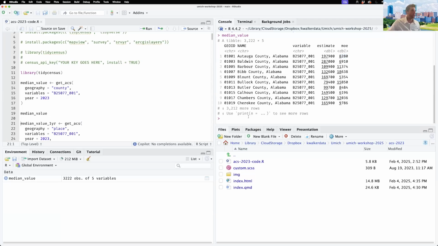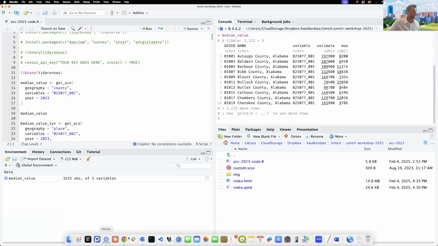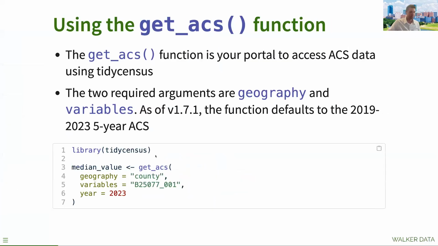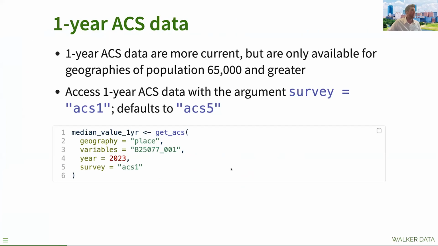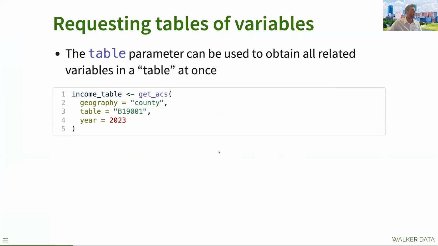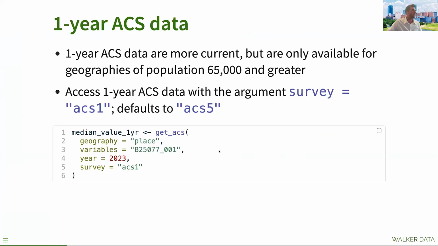We're going to jump back to the slides now. You can take a look at our data. It's the same data that you've seen there. And I do see one question about this: how does it know to get 5-year versus 1-year?